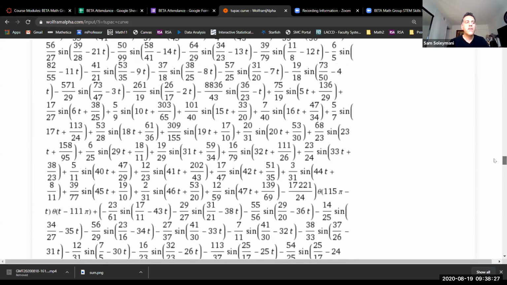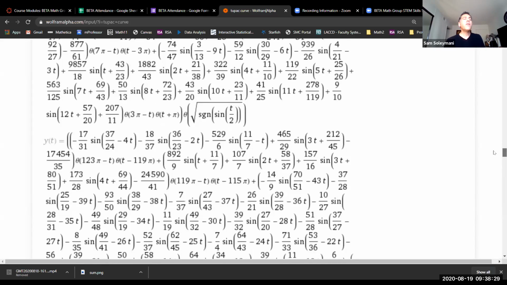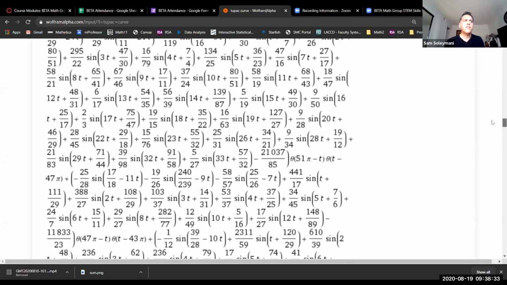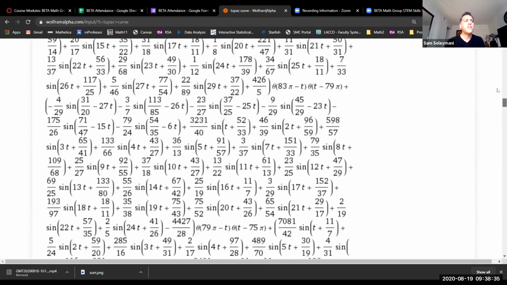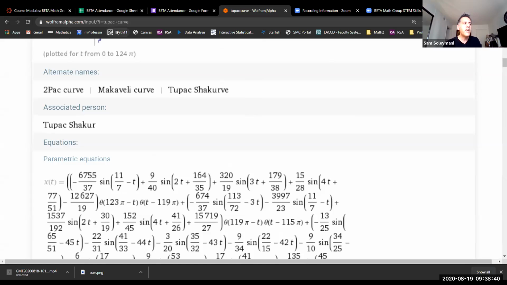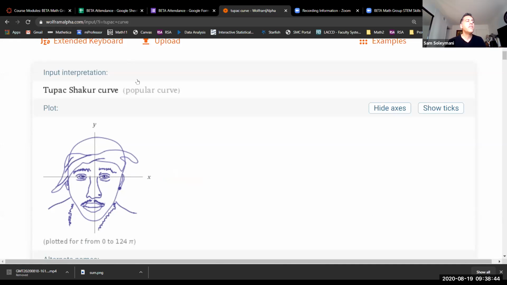Huh? Oh, let me figure out the function to graph Tupac's face. No, you can't do that. So what happened here? How is this done?